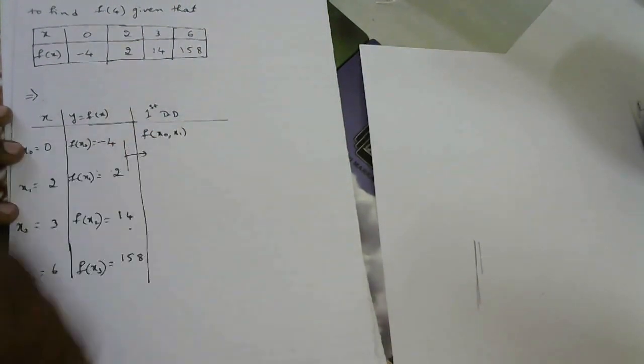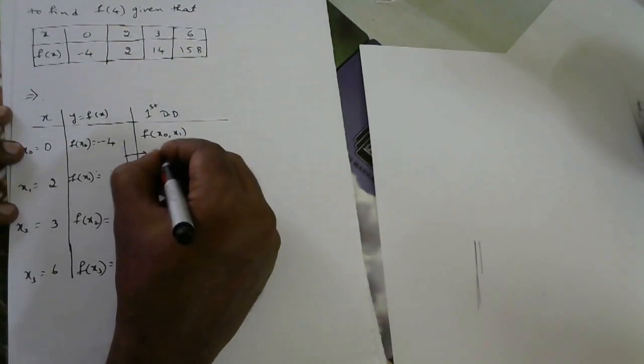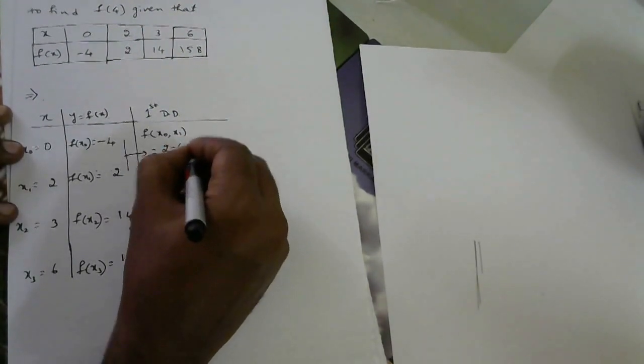Now the first divided difference means these two. So f of x naught comma x1 equals 2 minus of minus 4 divided by x1 minus x naught, 2 minus 0.